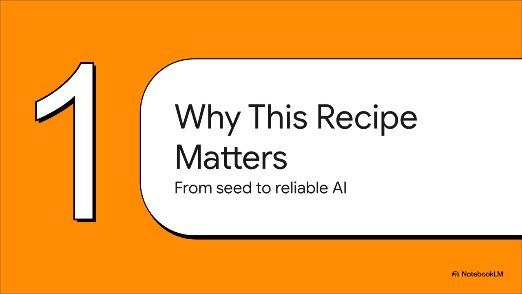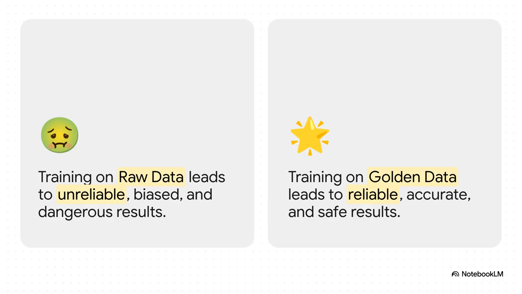It has huge consequences in the real world. I mean, just look at the difference here. You train an AI on that messy, raw junk, you get a model that's unreliable, biased, and frankly, can be dangerous. But if you train it on that golden data first, you build a foundation of reliability and safety right from the start. The AI learns the right way the first time.